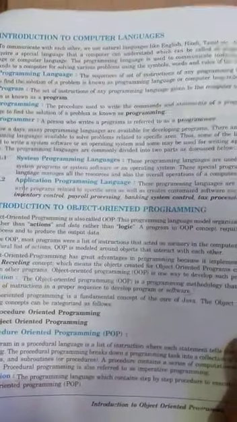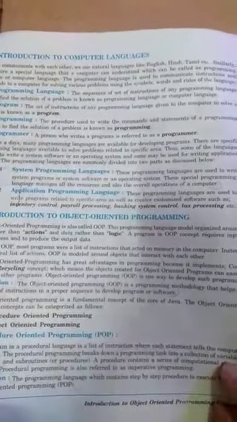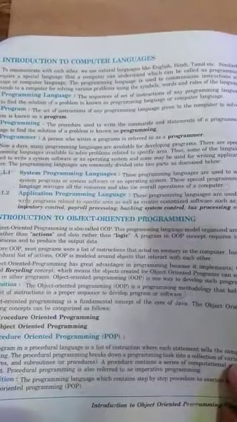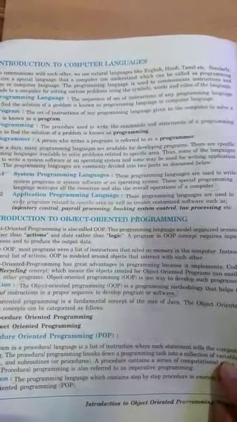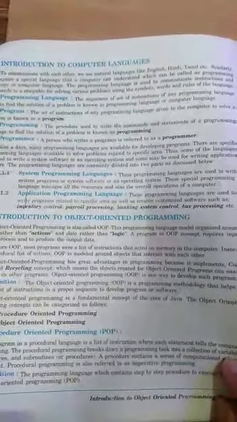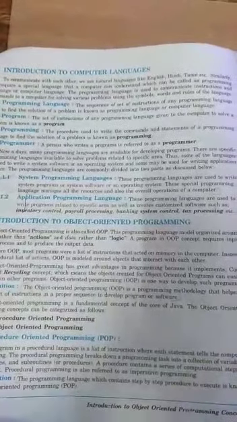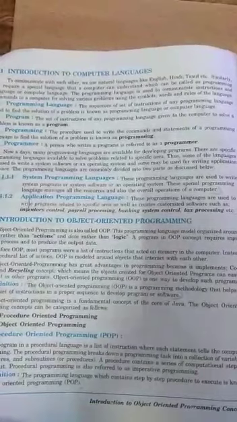So the first topic which we are discussing here is introduction to computer language. First of all, you must have heard there are natural languages which we are speaking, like English, Hindi, Tamil, or any other language. Similarly, there will be special language required when you want to interact with your computer system.